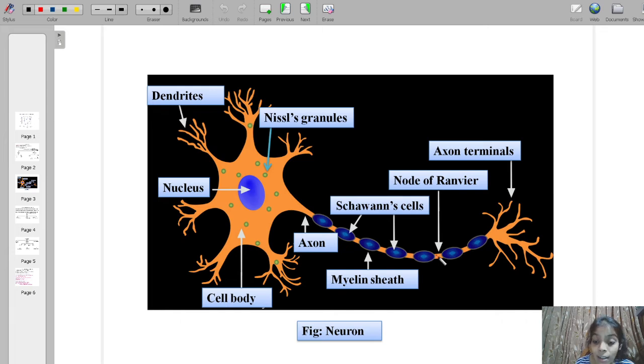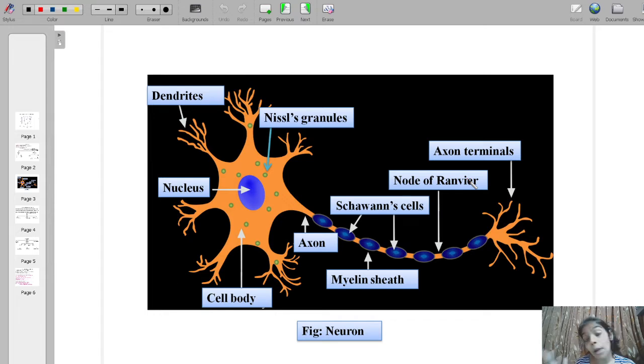And these discontinuities where myelin sheath is absent, such regions along the axon, these regions are called nodes of Ranvier. Nodes of Ranvier. Ranvier may be the name of the scientist who described this structure.